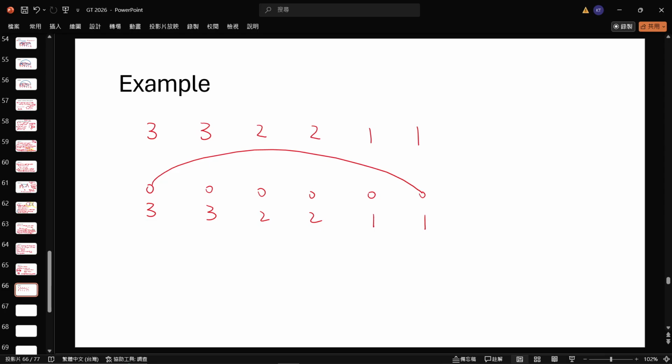And in the second round, sorry, let me modify, create a new slide. Okay, so in round 2, we're going to pick this vertex, once again because it has the smallest degree, and we're going to choose this vertex as the neighbor, okay, because it has the largest degree.